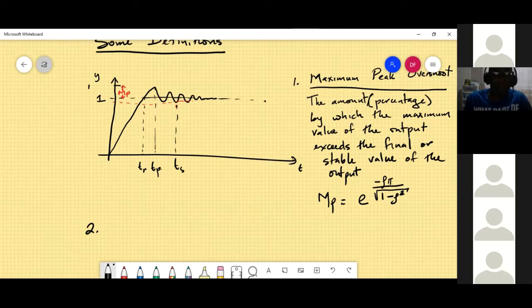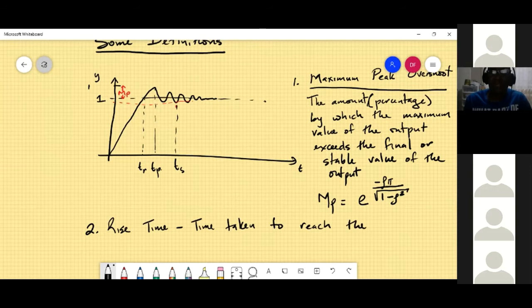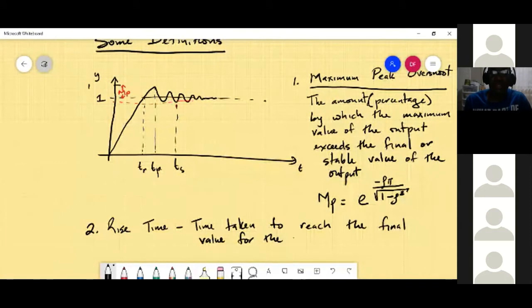Rise time is the time taken to reach the final value for the first time.